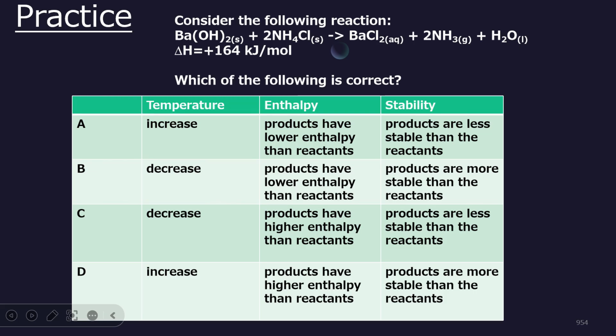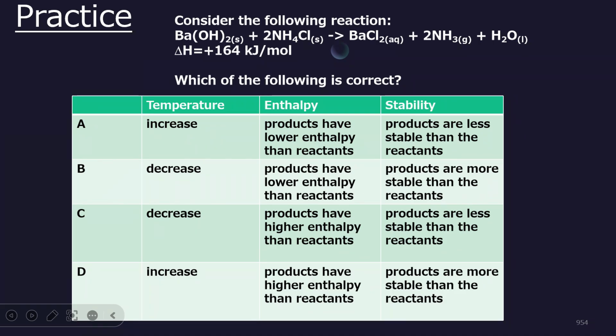Enthalpy then, which has higher or lower enthalpy? Do products have lower or products have higher? This is an endothermic reaction. So in this case, if you go back to my previous slide, you'll see products have higher enthalpy. So it has to be either C or D. But we've already said temperature decreases, so that's a hint.